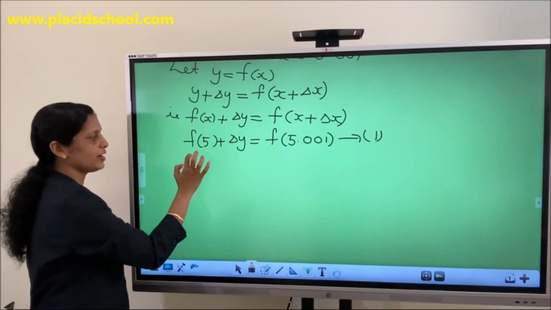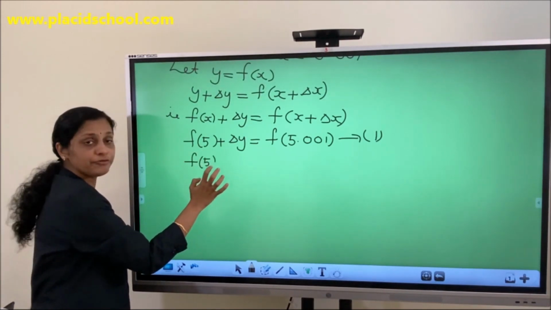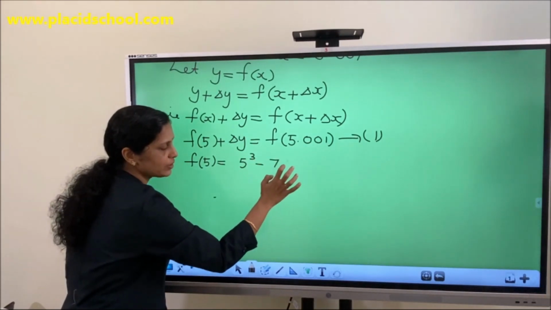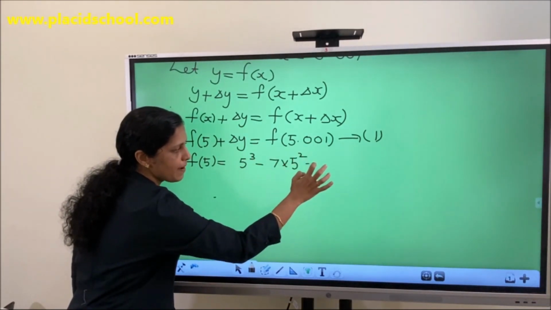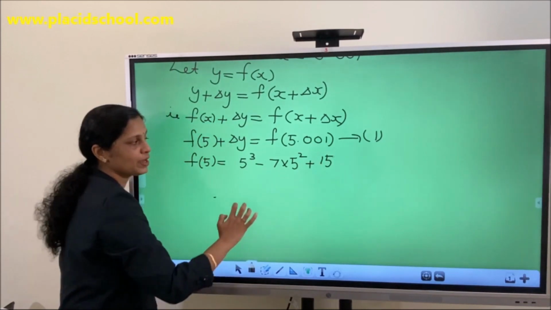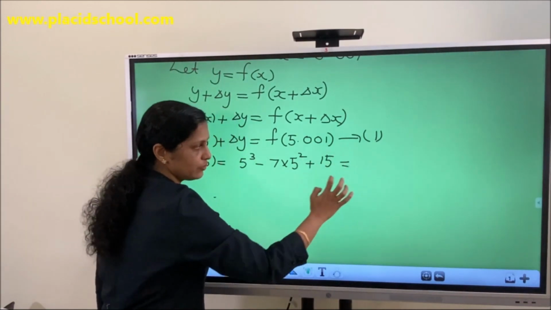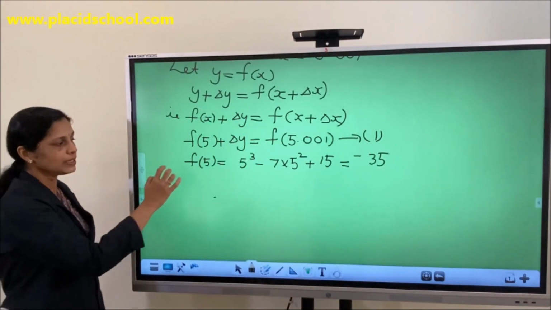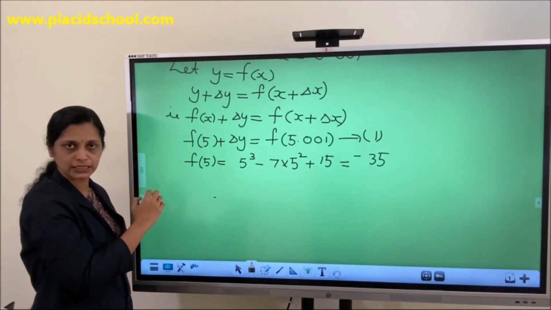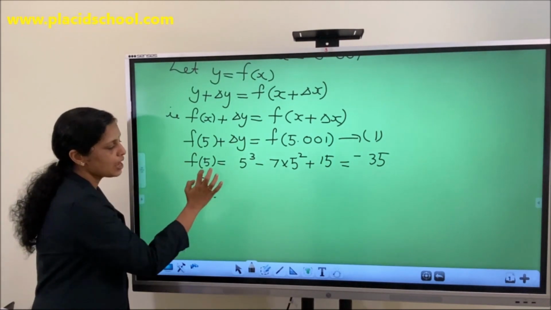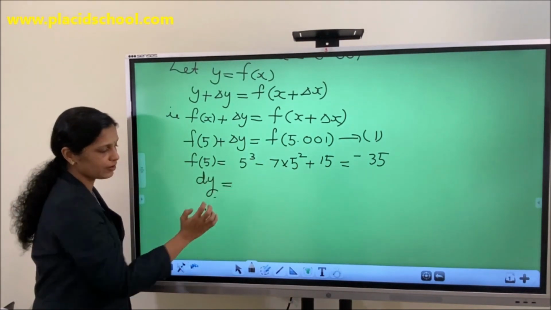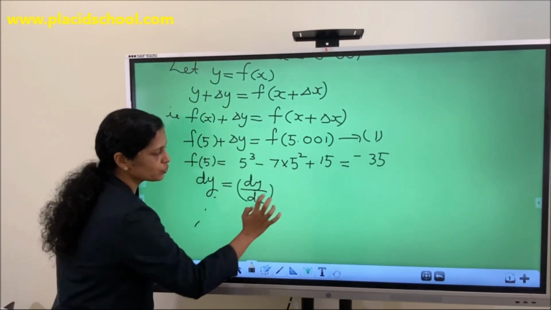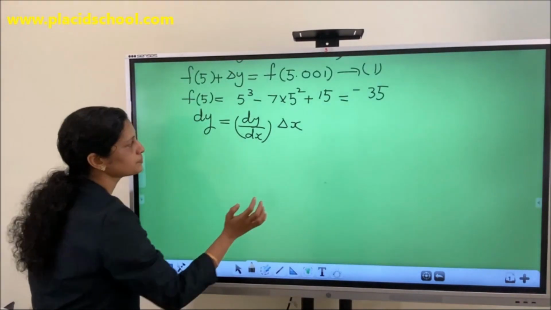Now we are going to find f of 5. F of 5 is 5 cube minus 7 into 5 square plus 15. And you get the value minus 35. Next, we cannot find delta y directly, we can find only dy. And dy we can find using the formula dy by dx into delta x.